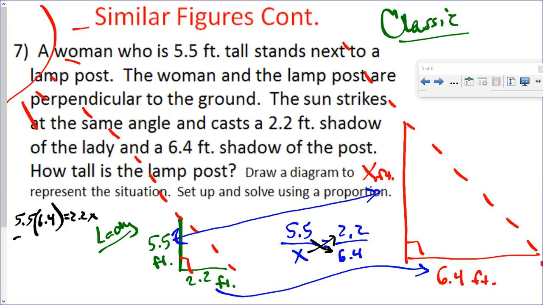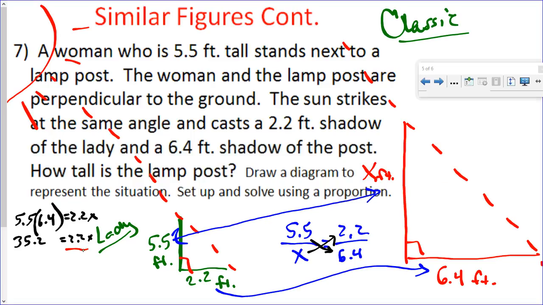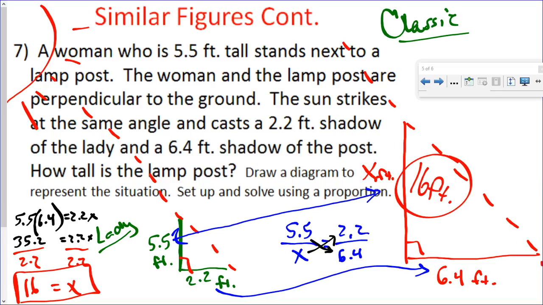I get 35.2 is equal to 2.2x. Then I'm going to divide by 2.2 on both sides. When I do that, that gives me x is equal to 16. So the missing height of this pole is going to be 16 feet. That's a standard measurement for a light pole.